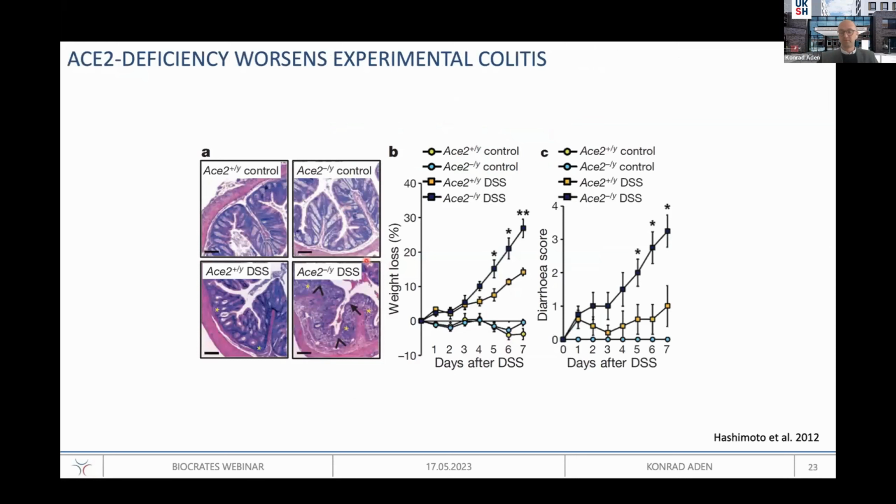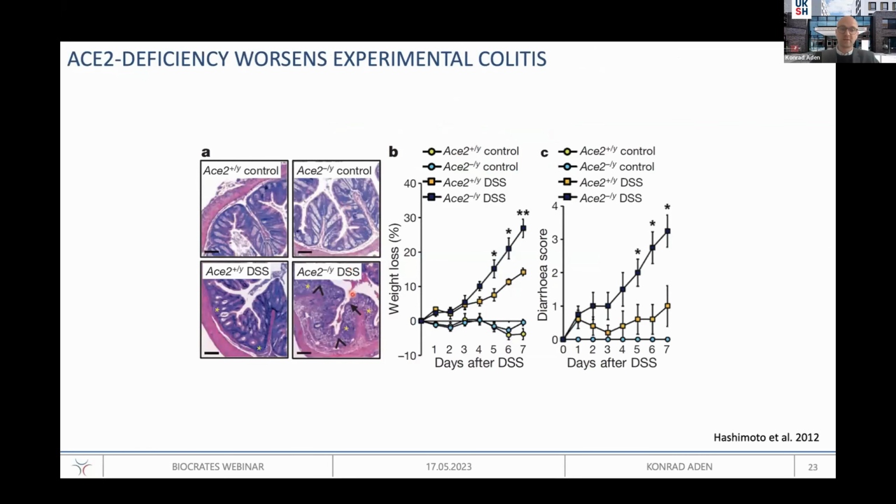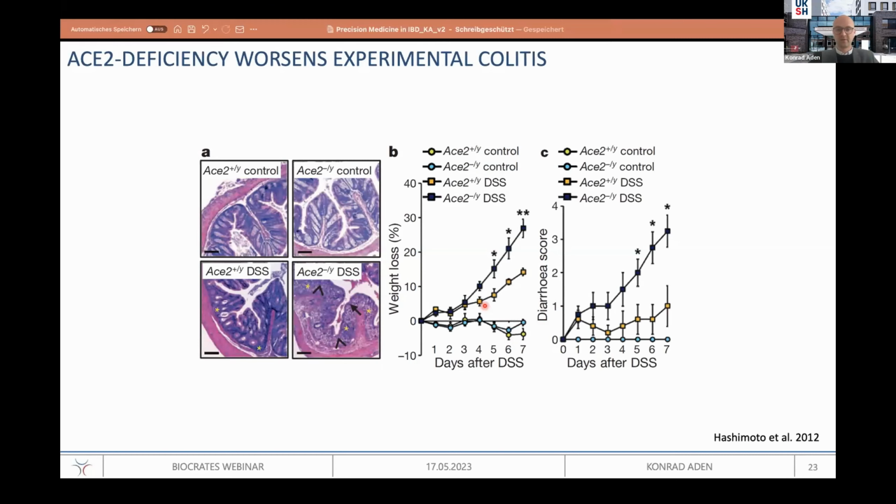And it was shown almost 10 years ago that the disruption of this ACE2 receptor leads to an increased experimental colitis, which is a very simple model to study the impact on intestinal inflammation.